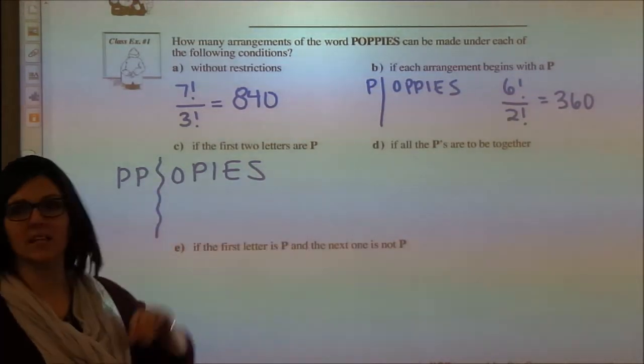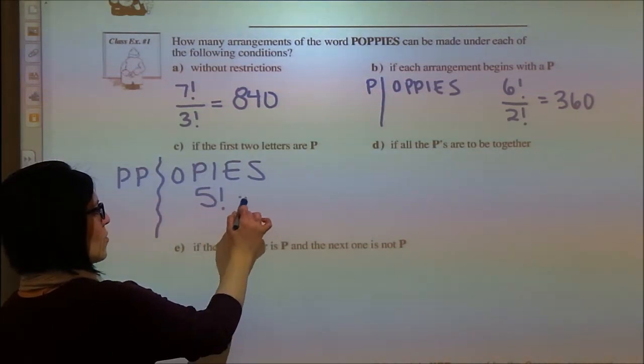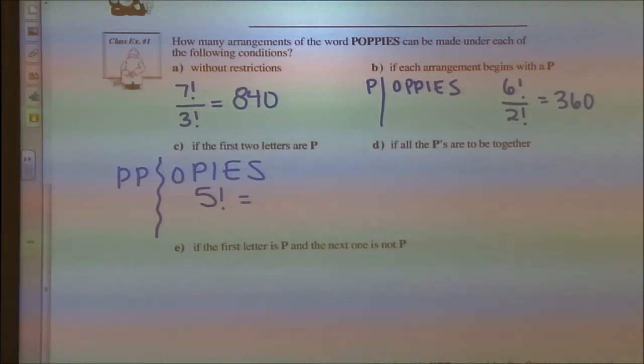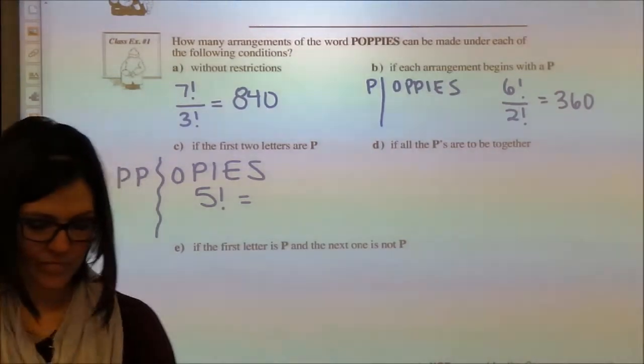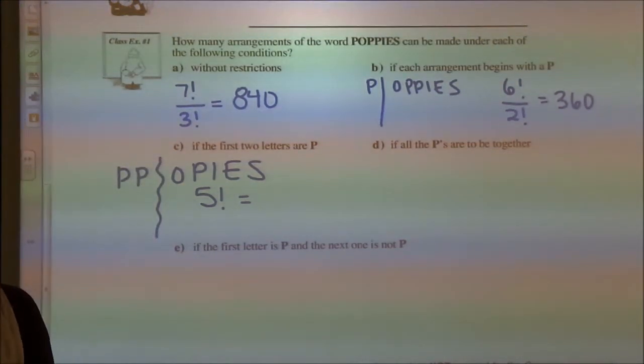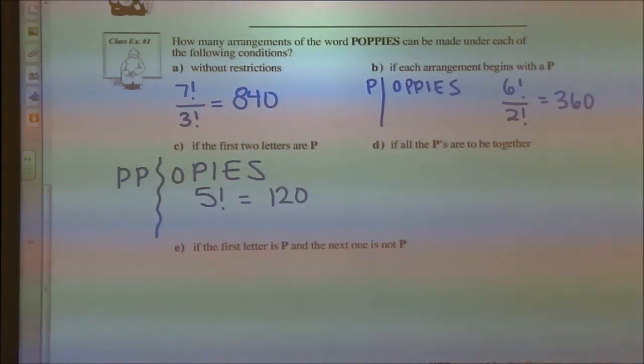So I have these 5 remaining. No repetitions. What does that equal? 120. Okay.